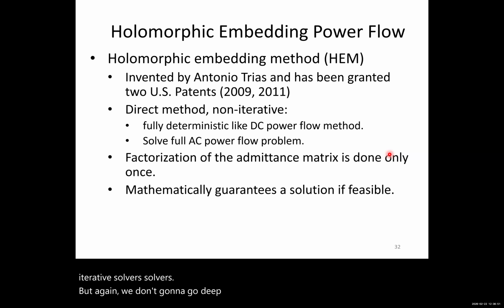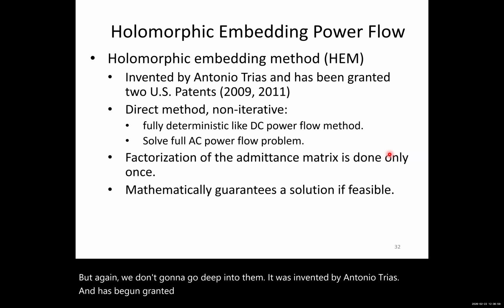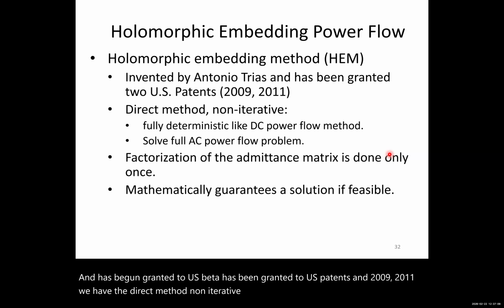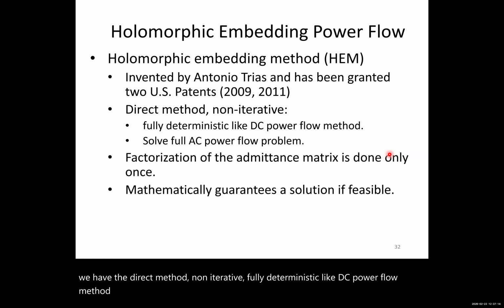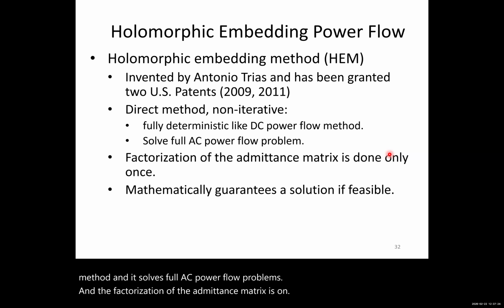It was invented by Antonio Trias and has been granted two U.S. patents in 2009-2011. It is a direct method, non-iterative, fully deterministic, like the DC power flow method, and it solves full AC power flow problems. The factorization of the admittance matrix is done only once, and it mathematically guarantees a solution if feasible.